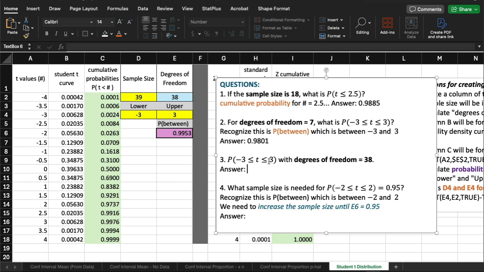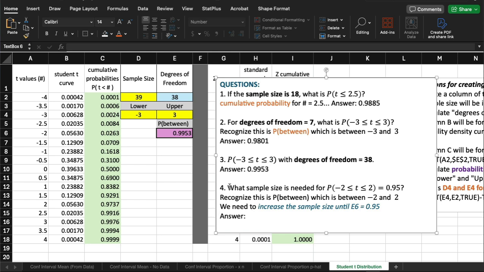And that means we can be more confident with our results. It makes sense because when you increase the sample size, you're also increasing the probability within the same interval of values. So 0.9953 is our answer to that question.